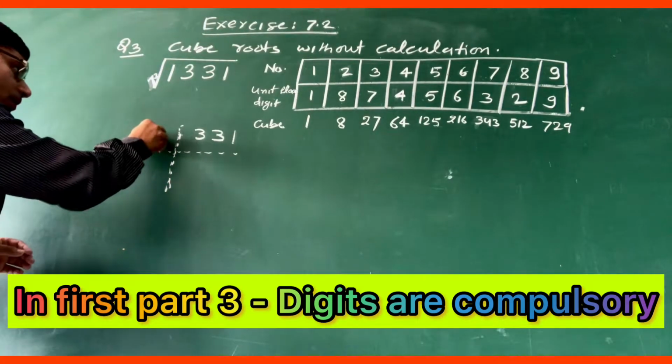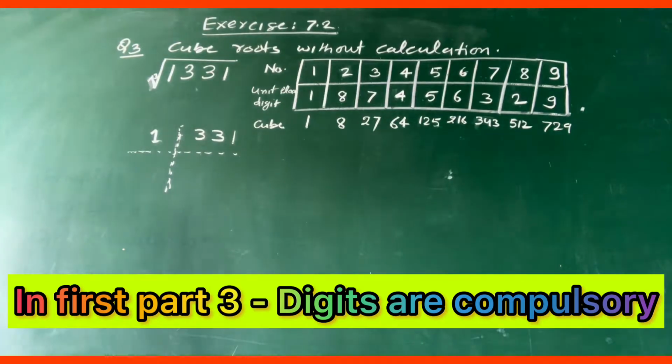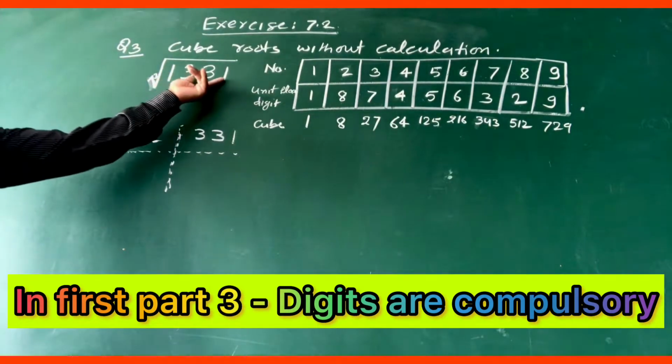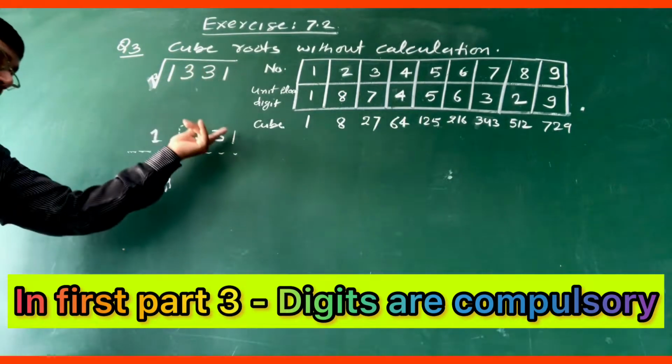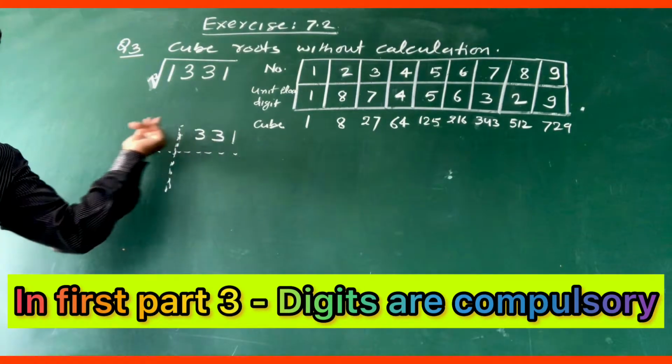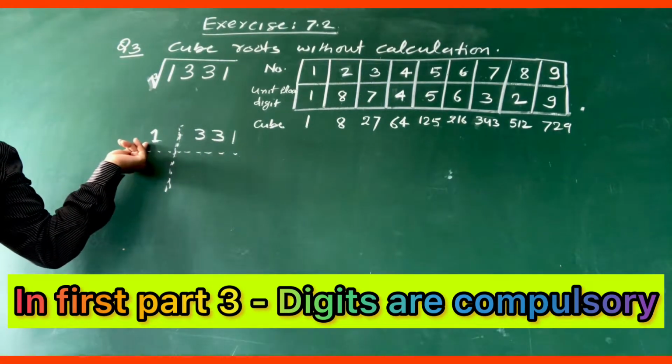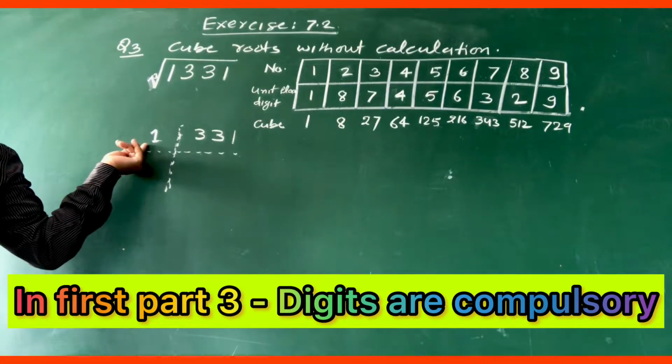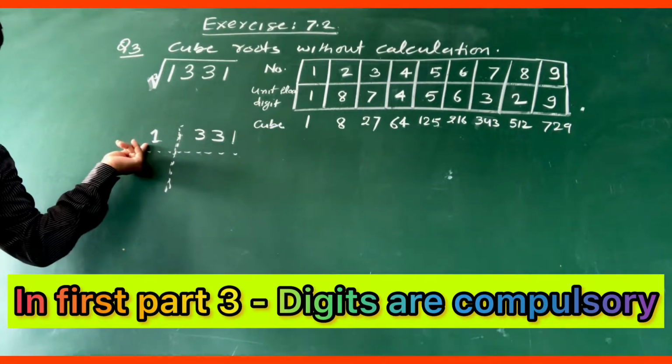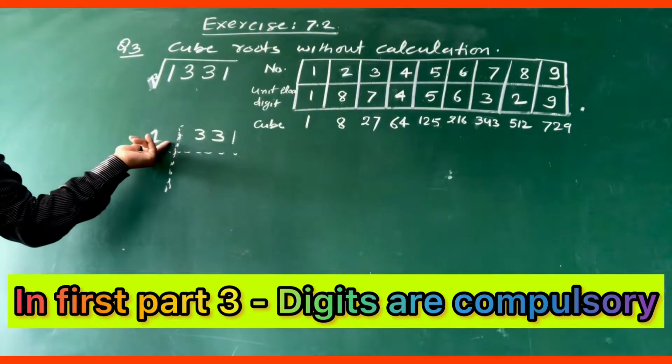So you will write here 1. These 3 digits you will write compulsorily in the first part, and the remaining, either 1 digit, 2 digits, 3, 4, 5 or 6 digits, everything goes into the second part.